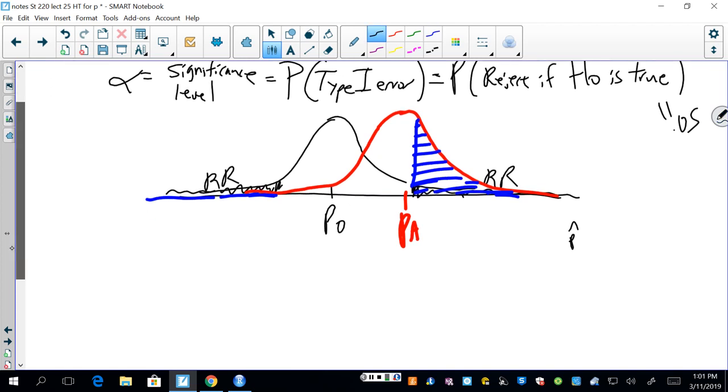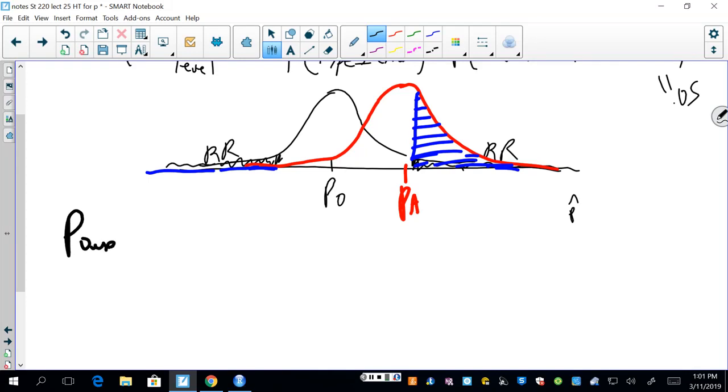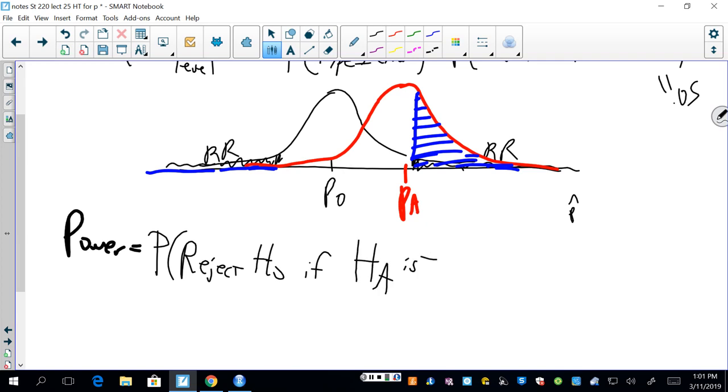So power is the probability that we reject H0 if the alternative is true. And so it's going to be the area under that alternative curve.